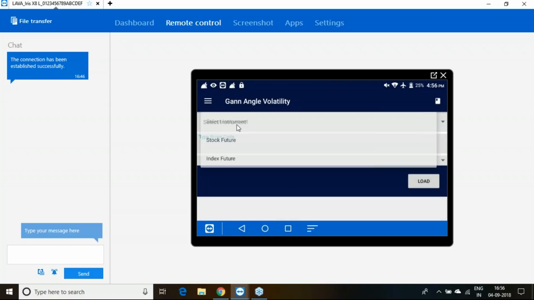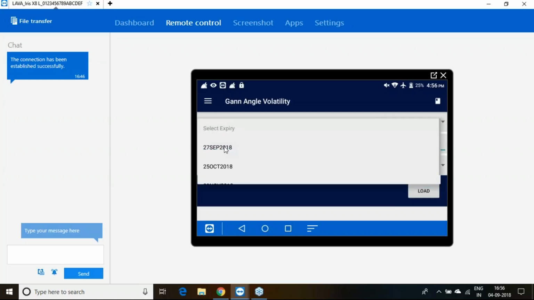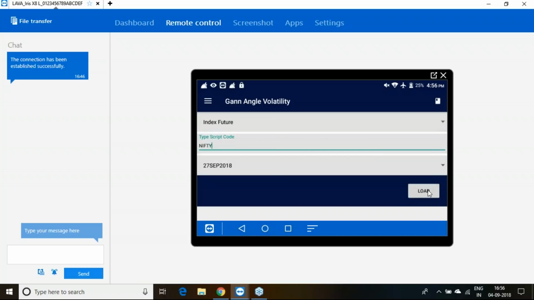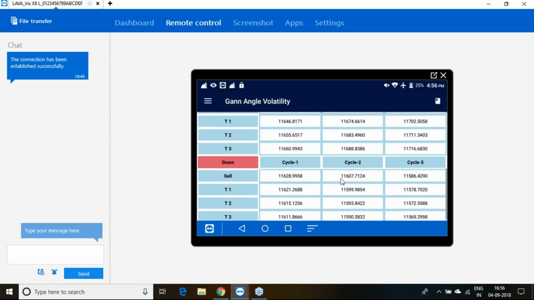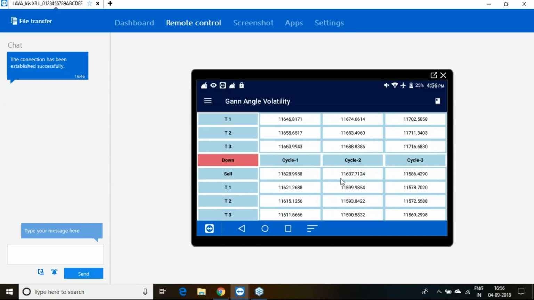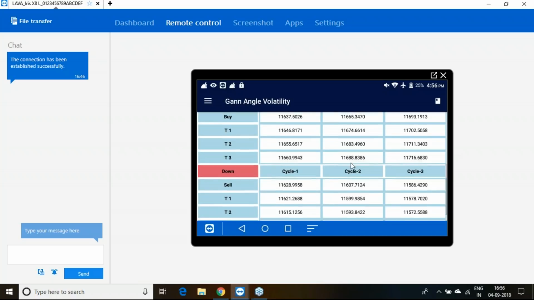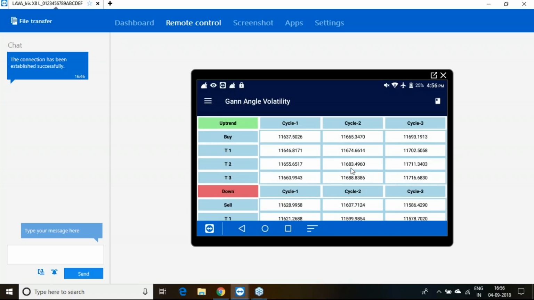Gann angle and volatility is one of the most accurate methods for intraday trade. If you follow this particular method, you will realize that it has a great amount of success. Here we have accommodated the concept of volatility into the Gann angle. So here you get two cycles, one for the uptrend cycles and the second for the downtrend cycles.